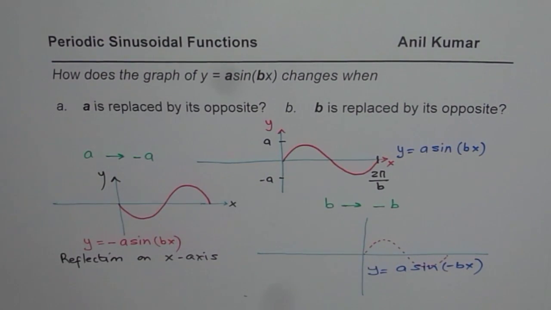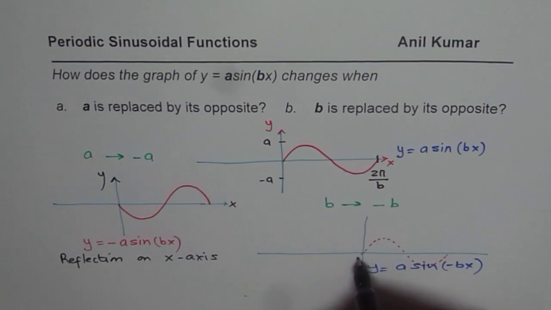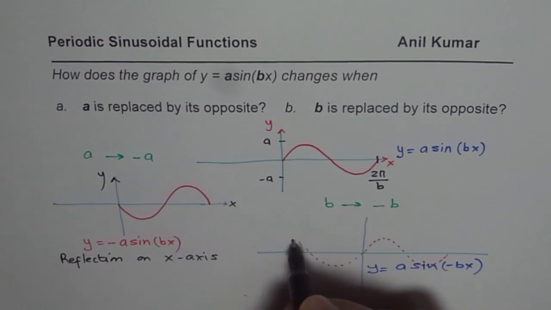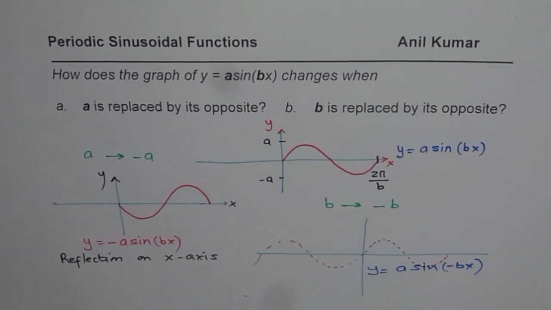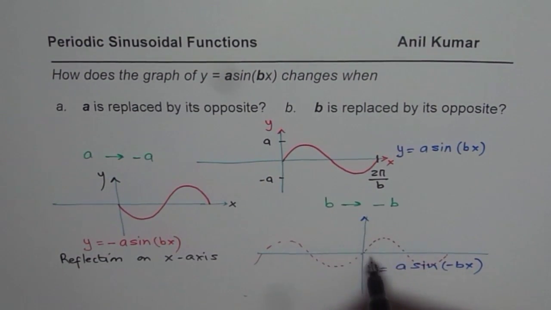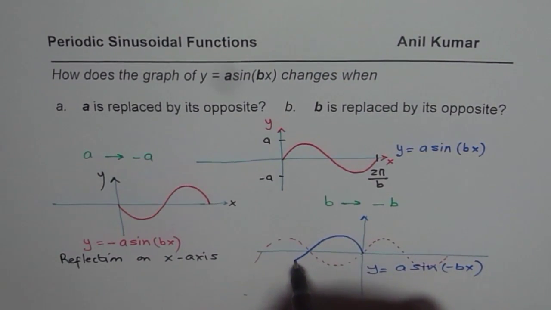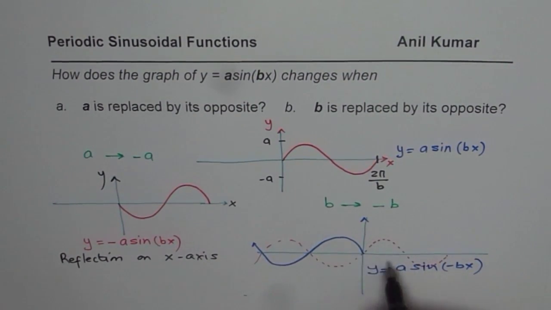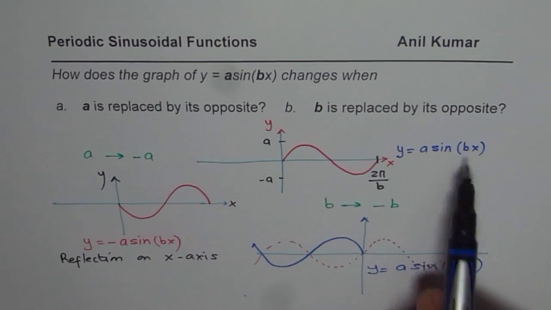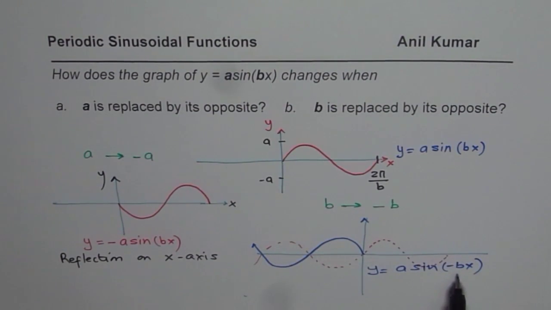Let me extend this so that I can explain in two different ways. This is a periodic function. What really happens here is that the function gets reflected on the y-axis. So instead of going down this portion, it becomes like this. This is what you get when we replace b by minus b.